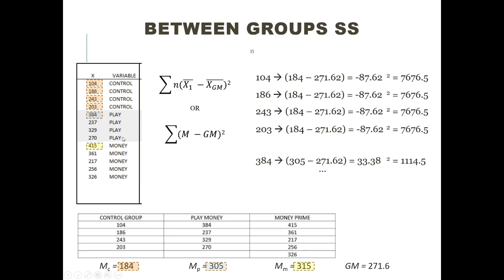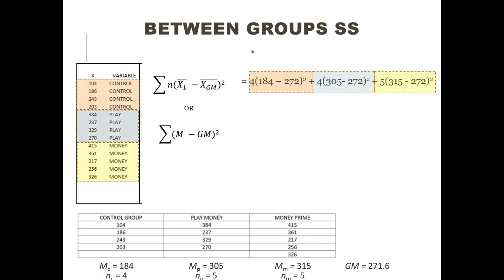And then we again are going to do that for the money prime group. Instead of taking 415, I'm going to take 315, subtract the grand mean, square it, and then do that 1, 2, 3, 4, 5 times, because I have five participants in the money prime condition.